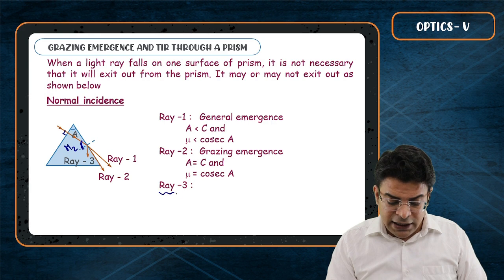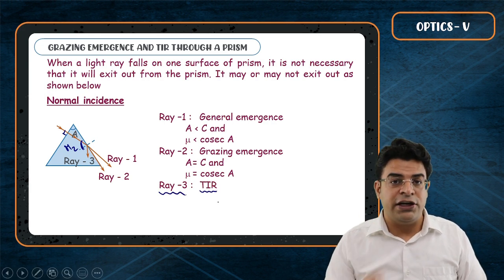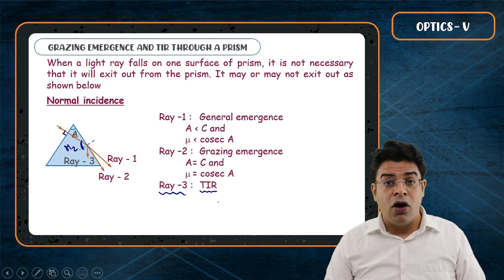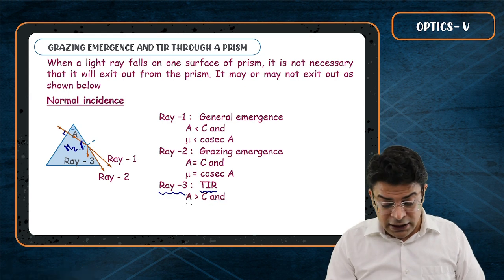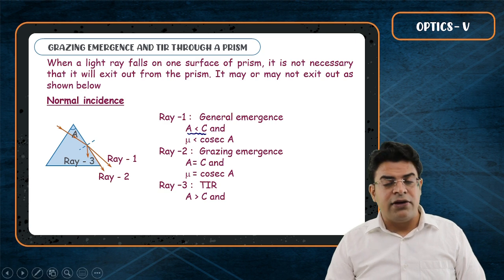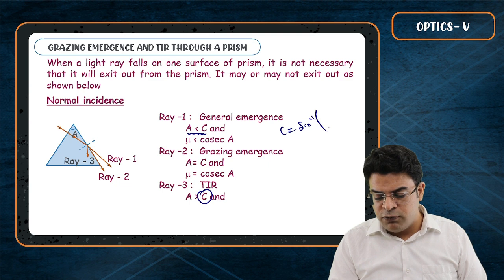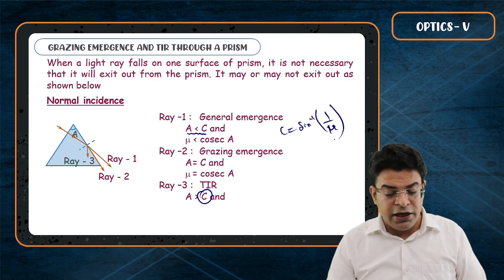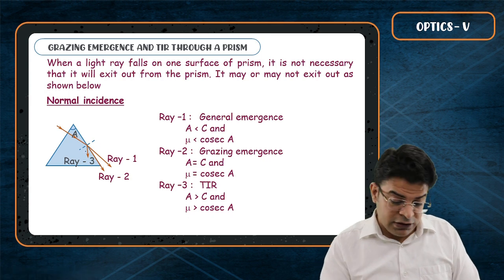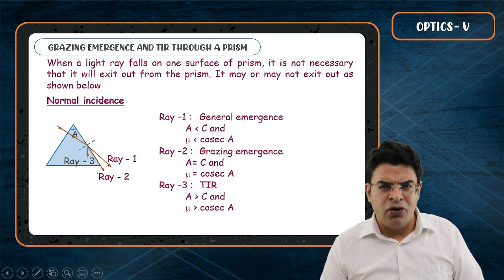So for the case of ray 3, for the ray to undergo total internal reflection, R2 has to be greater than the critical angle, or for this case, the apex angle has to be greater than the critical angle. On substituting the value of C as sine inverse 1 by mu, you will finally get the condition that mu has to be greater than cosec A for this ray to get TIR.